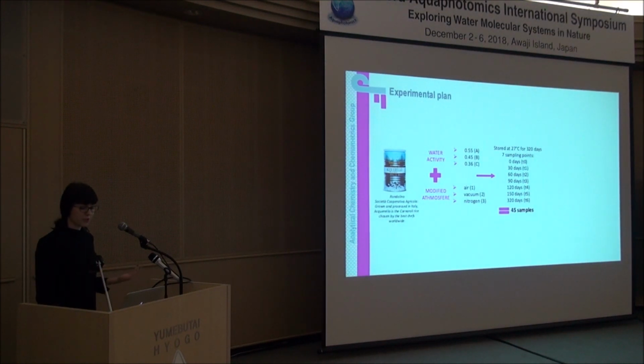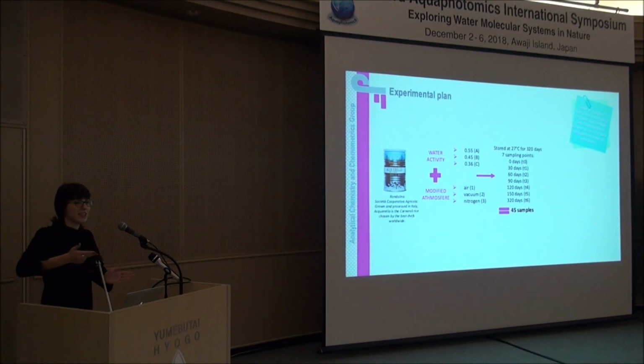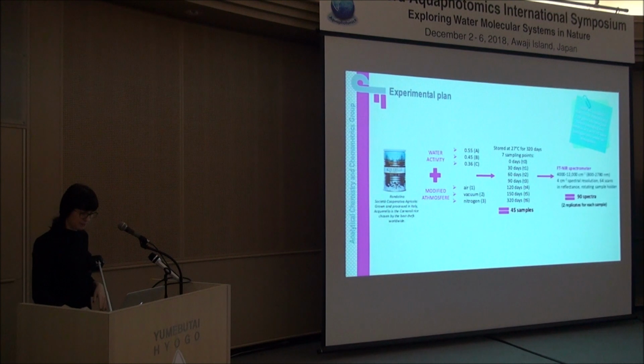We have a total of 45 samples. If you do a simple counting here, you can see that it is not 45. Why? Because according to the decision of the industry, we packed the water activity with the higher level, 0.55, only in air, and also because T0 is before packaging, so we don't have all the 3 levels of packaging.